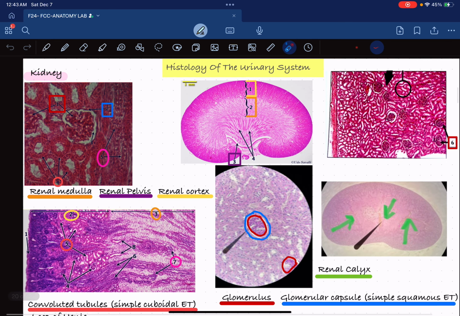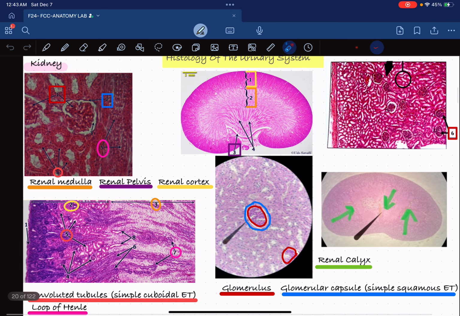Talking about the urinary system, we have the kidney. In a broader picture of the kidney, we have the renal cortex, which is the dark, outer part. It is also located right here.